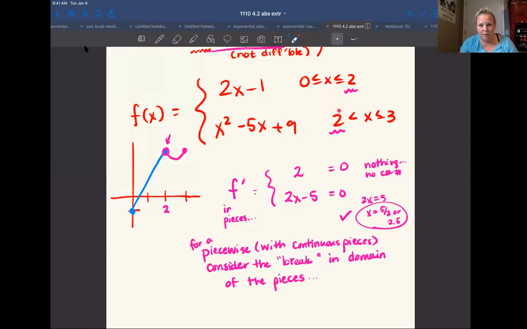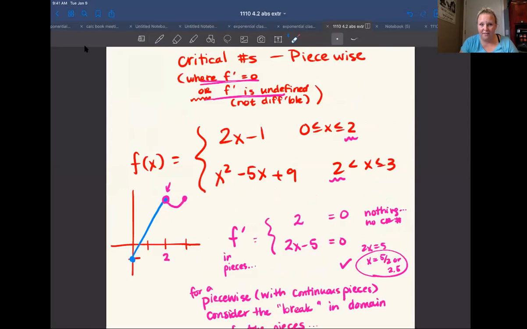So 2 was the split, and on the picture you can see that it's continuous. That's not the question here. The problem is when you come from the left and when you come from the right, the derivative pieces at 2 are different. And that makes it not differentiable, and that makes the derivative undefined.